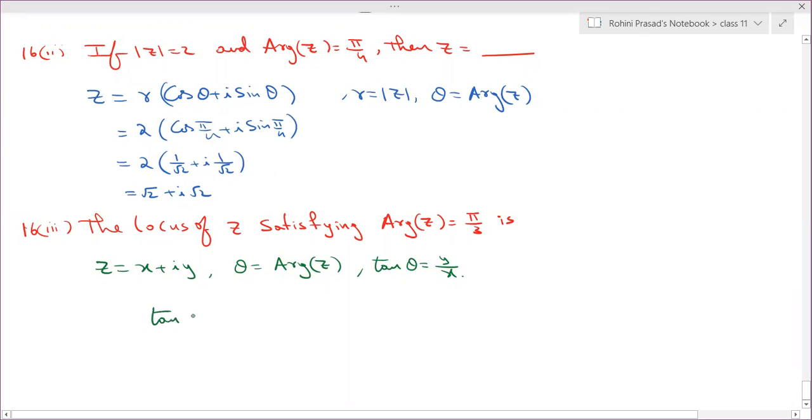So the tan of argument pi by 3 equal to y by x. So the tan pi by 3 is root 3. So y equal to root 3 x. That's it. That's the locus.